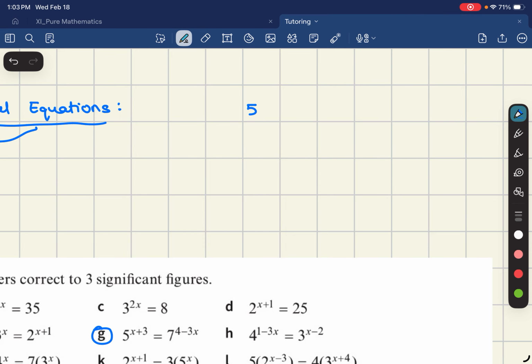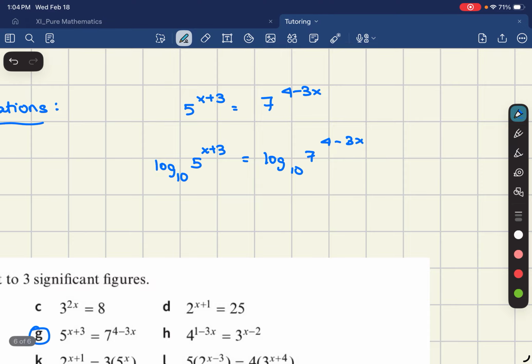So 5 to the power x plus 3 is equal to 7 to the power 4 minus 3x. I'm doing this a bit quickly here, but basically what I'm doing is I'm taking log base 10 on both sides. Log base 10 of 5^(x+3) equals log base 10 of 7^(4-3x). And we know that we can bring the powers in front.